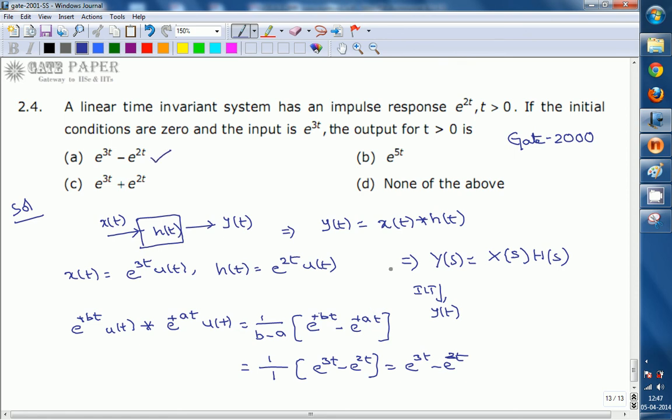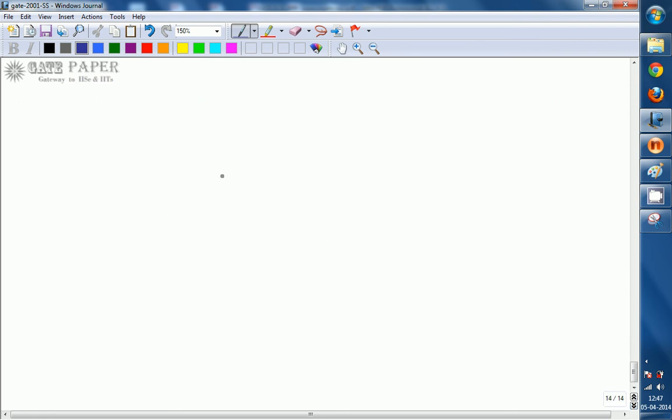Otherwise, we can go for the other process, that is finding the Laplace transform and applying the inverse Laplace transform, which we will see here.